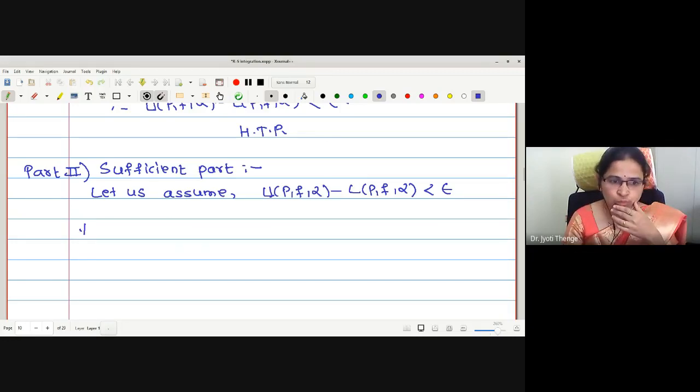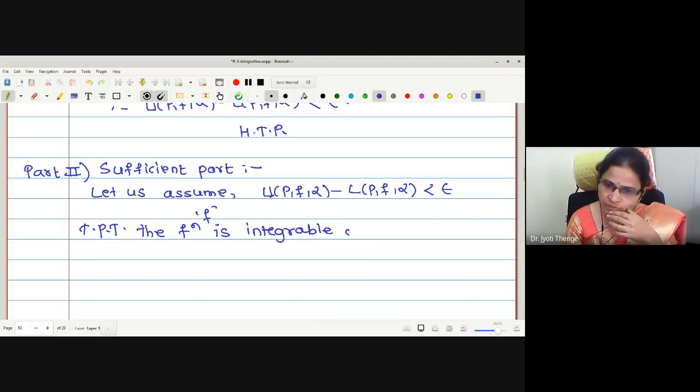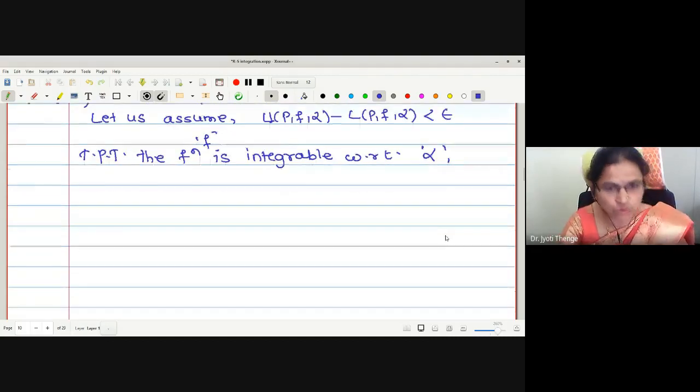And what to prove? The function f is integrable with respect to alpha. Proving integrable with respect to alpha means you will just prove the upper integral is equal to the lower integral.